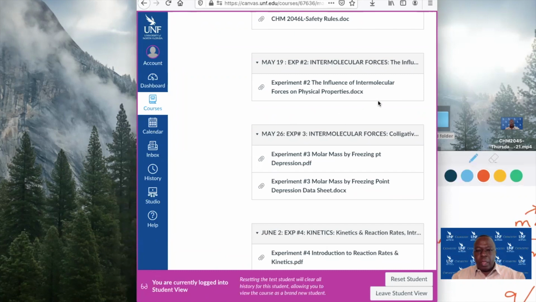I see, Danielle, you have a question. When we take a picture of the crystallizer, do we include it in the main X? Yes, when you save your data sheet on the desktop and click upload, you can also attach the picture, and then I'll see that you performed the experiment.